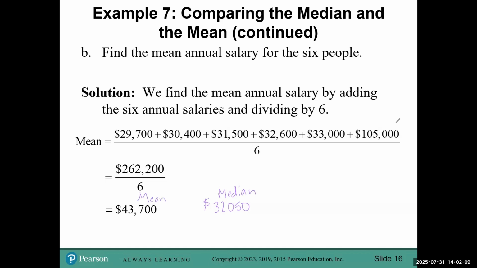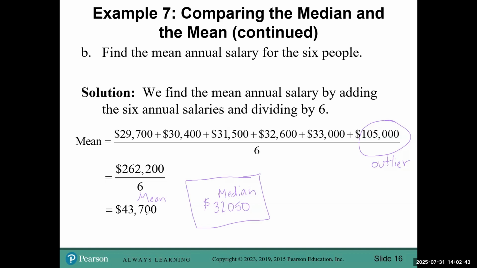Well, what happened was this value here. When we calculate the mean, we have to include this value in the calculation, and that makes the mean seem much bigger than it really is. Whenever we have a very high number or a very low number, we call it an outlier. Whenever we have one of these outliers, we usually prefer to talk about the median because it gives us a much better value.